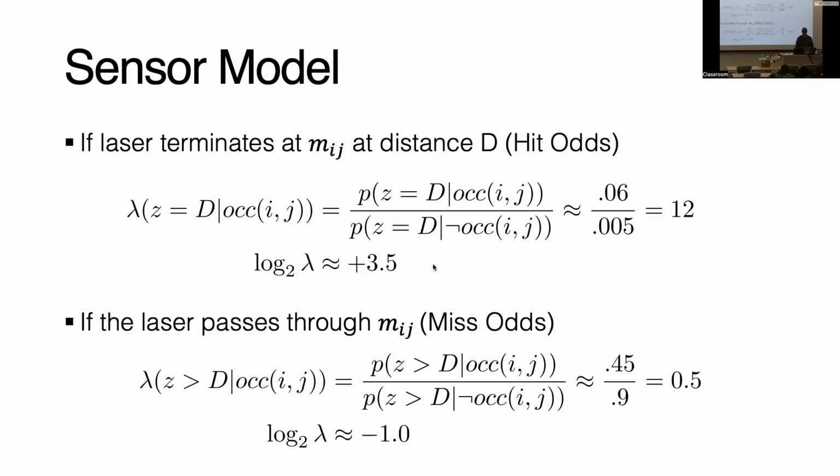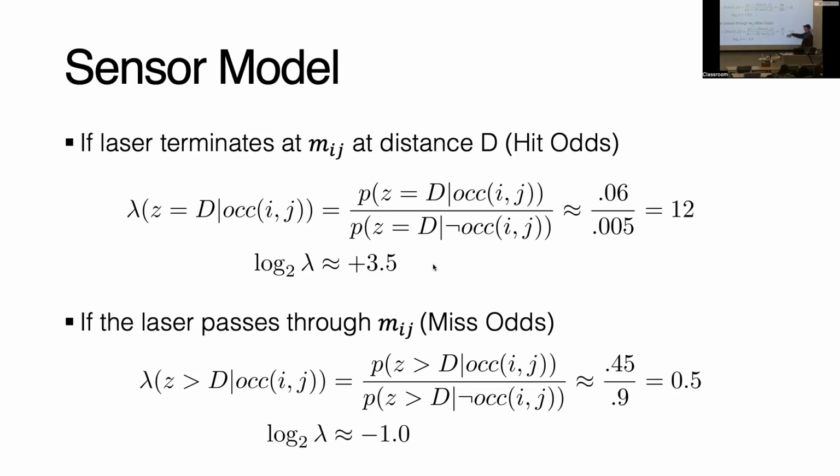Similarly, we can do the same as it passes through the cells, right? If the laser passes through the cells, we also have information, because we know that those cells are free because the laser was able to pass through them, all right? And so we can decrease the log odds for those cells based on the ratio.